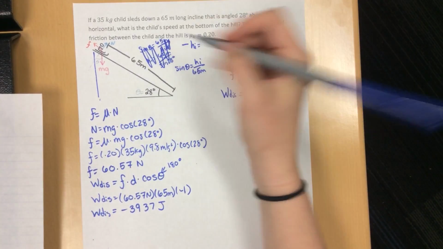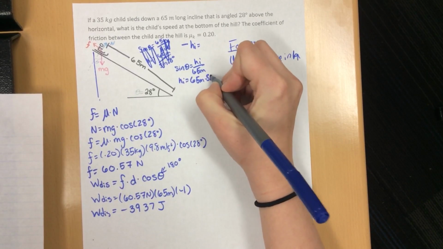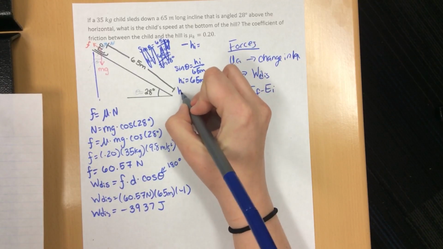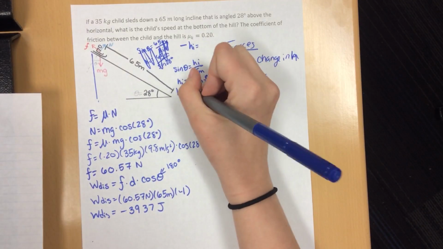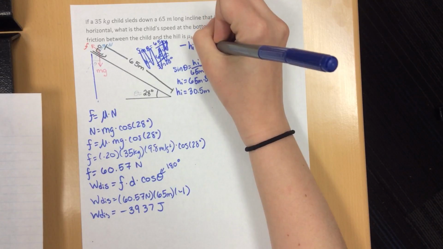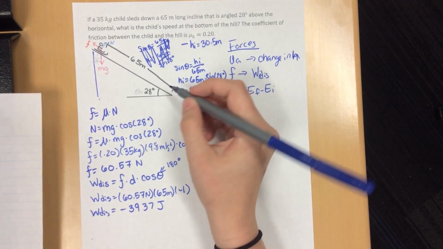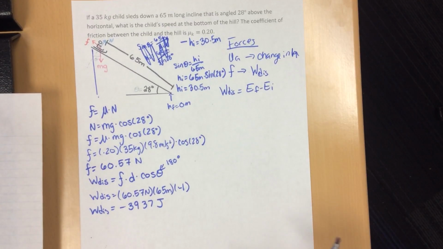I apologize for that. So my initial height will equal my 65 meters times sine of 28 degrees. Sorry, my handwriting is getting a little messy. As a result, my initial height is 30.5 meters. So this right here is 30.5 meters. That lets us know that my final height is 0 meters.